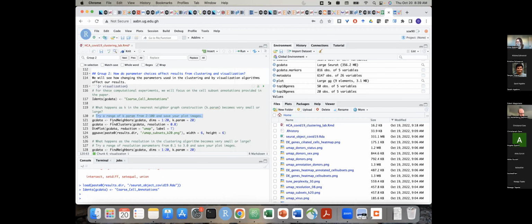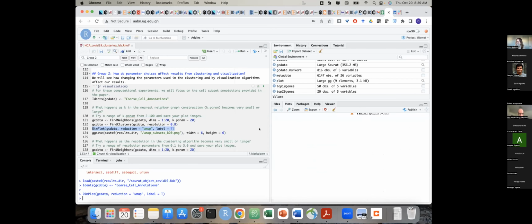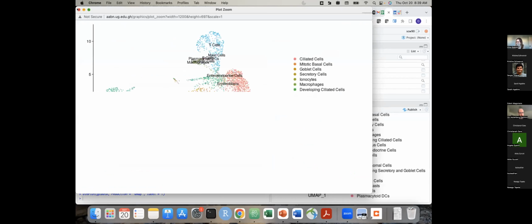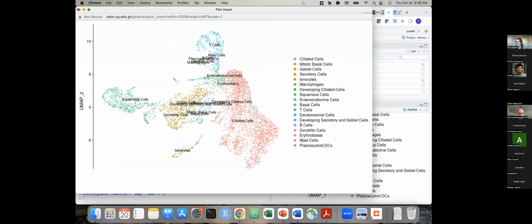So first, what we'll do is, let me show you the original UMAP. Okay, so this is the original UMAP, to remind you all, that you kind of made yesterday.